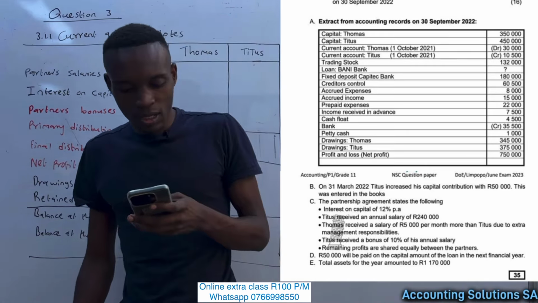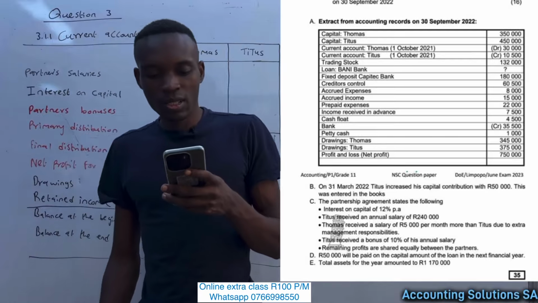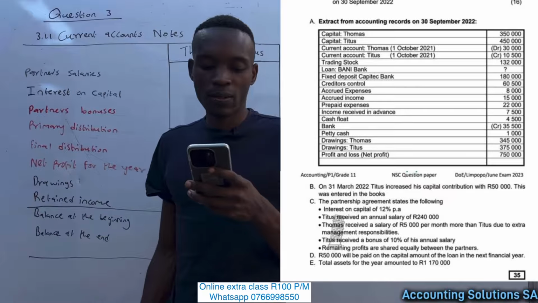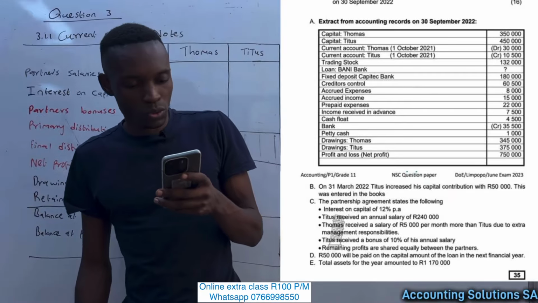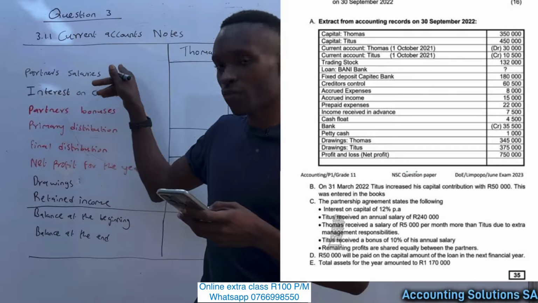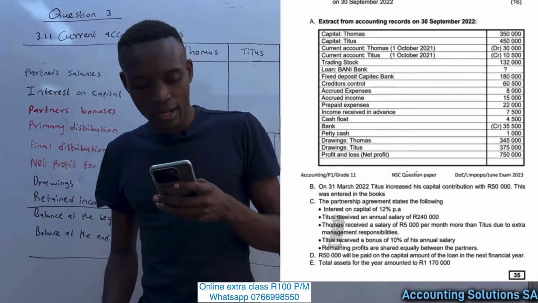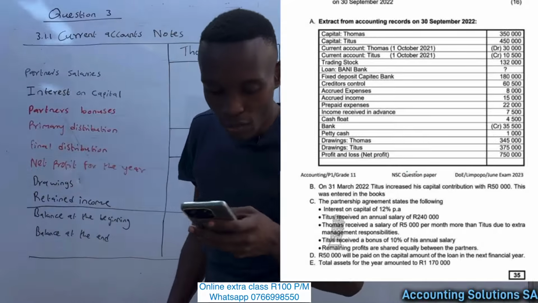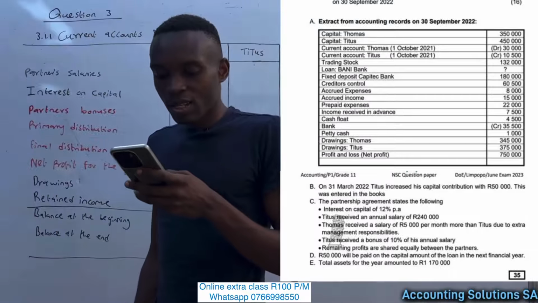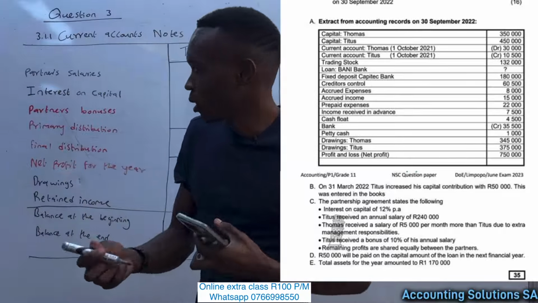Number B, they said that on 31 March 2022, Titus increased his capital contribution by 50,000, and this was entered in the books. Number C, remember the format, guys. The first one we have to do is salaries, the second one is interest on capital. Titus will receive an annual salary of 240,000.